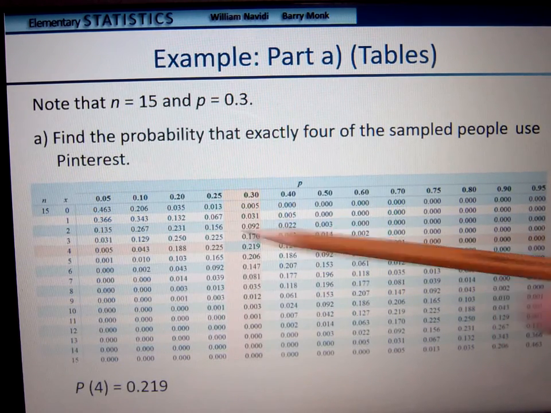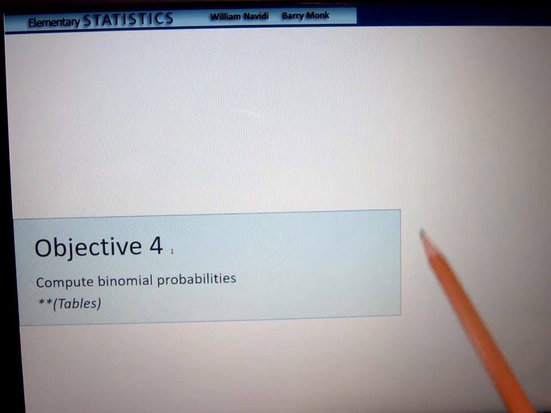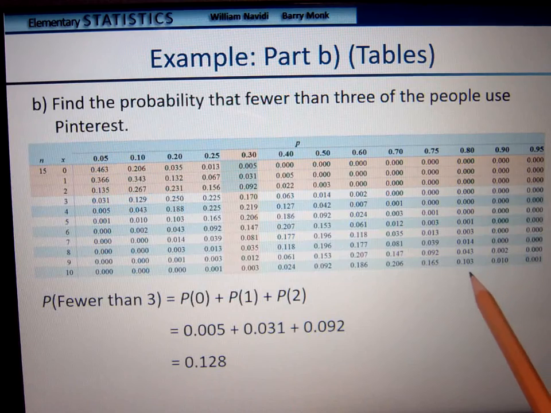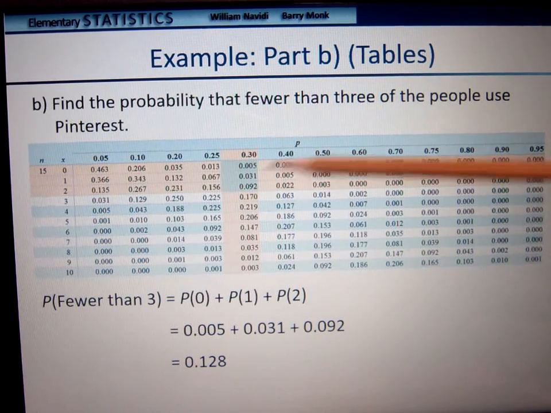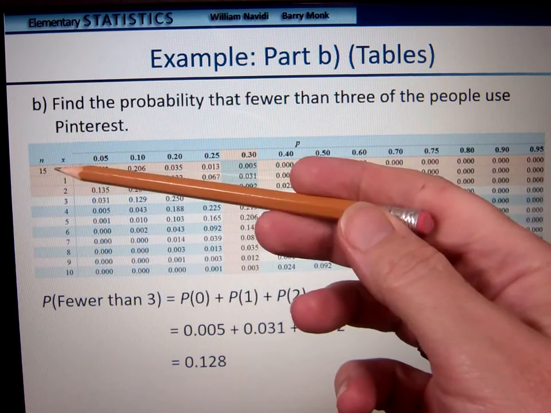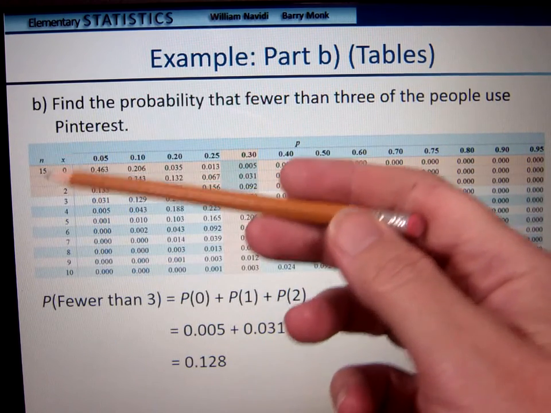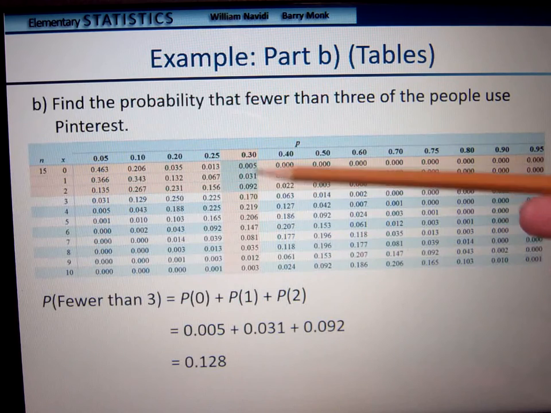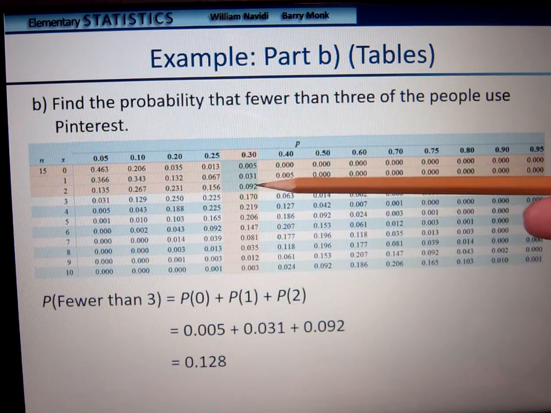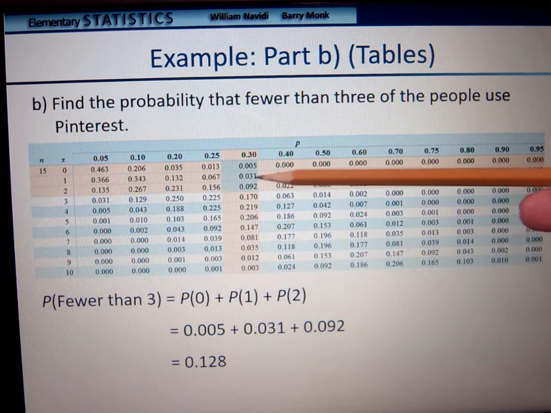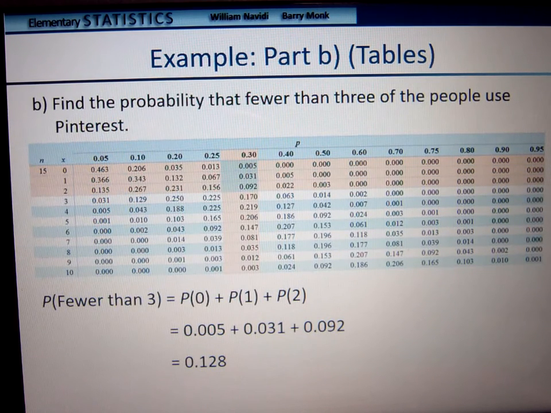Now the next one says fewer than 3 of the people. So for fewer than 3, we're still at 15, and all of these have the number total here. We have our 0.3, but we have fewer than 3, so we take this one, this one, this one, 0, 1, and 2, and still add them together, and we get the same value of 0.128.